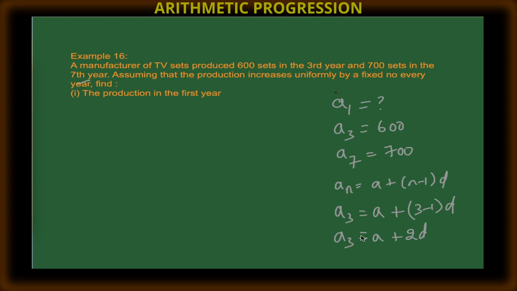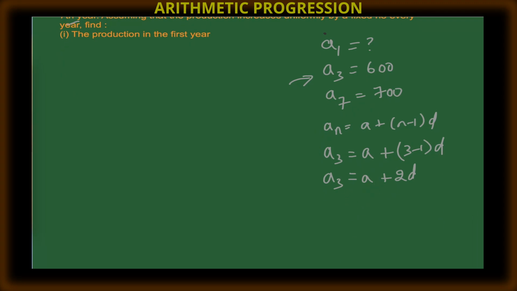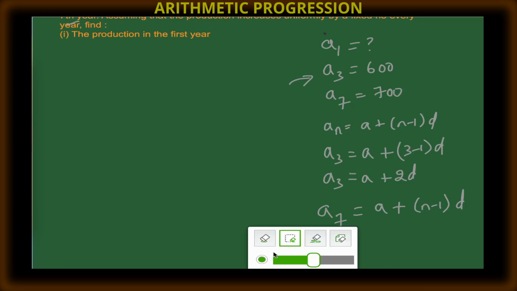So a3 we know, and by solving a7 we will come to know the other factors. a7 is equal to a plus n minus 1 into d, where n is 7.